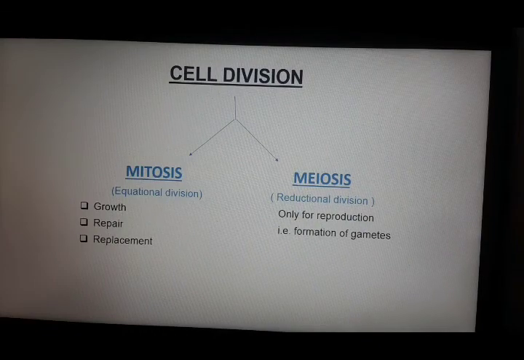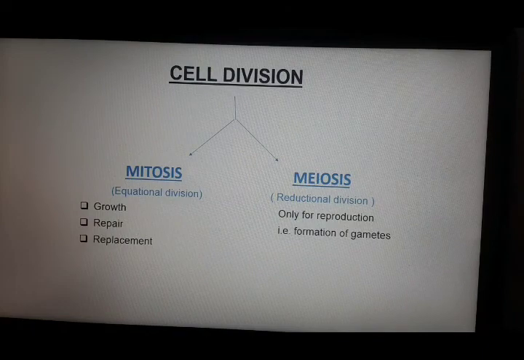Always remember that gametes receive half the number of chromosomes from the parental cell, and this is just to maintain the normal number. Whenever a male gamete fuses with the female gamete, the zygote, the outcome formed after fertilization, should have a normal number of chromosomes.